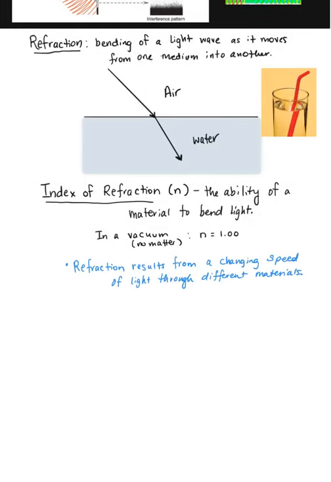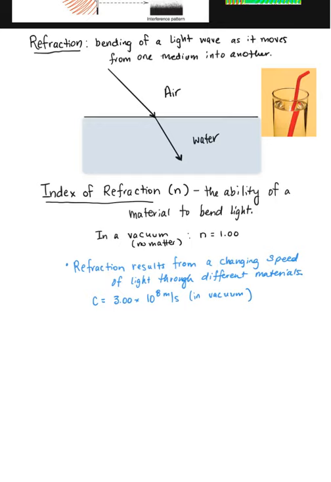Similar to the way in which sound's speed can change as sound moves through different materials, so too can light's speed change as it moves through different materials. The speed of light in a vacuum is a universal constant. That's c. That's 3 times 10 to the 8 meters per second. But this is only true in a vacuum of space, and to a good approximation, it's also true in air. As light moves through more condensed phase materials, like water, for instance, its speed changes, though.